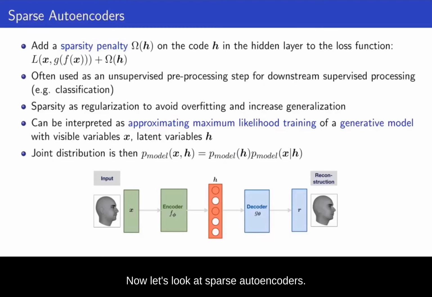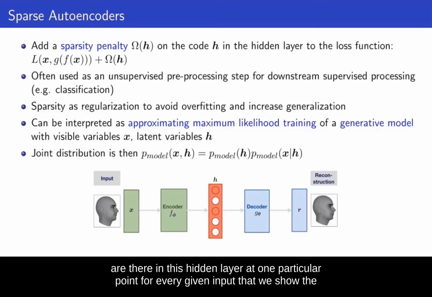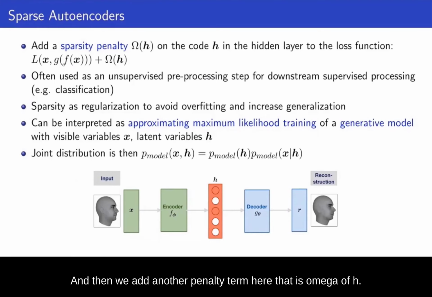Now let's look at sparse autoencoders. What we saw before is that we can introduce this sparsity by penalizing how many neurons are active in this hidden layer at one particular point, for every given input that we show the network. So what we do is we have our reconstruction loss, which is this part that you see here, and then we add another penalty term here, that is omega of h.